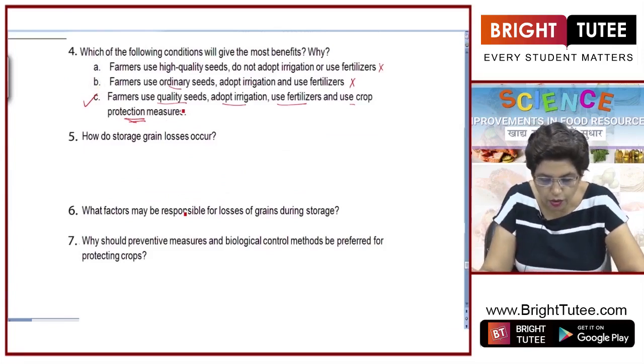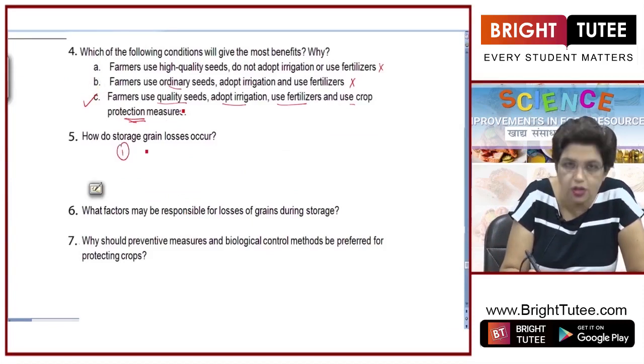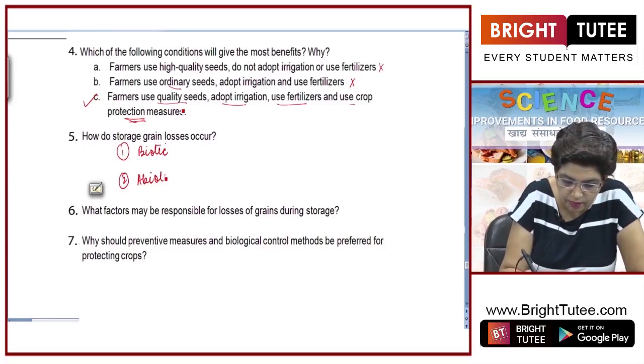Next question, how do storage grain losses occur? Storage grain losses occur due to two factors, biotic and second one is abiotic factors.